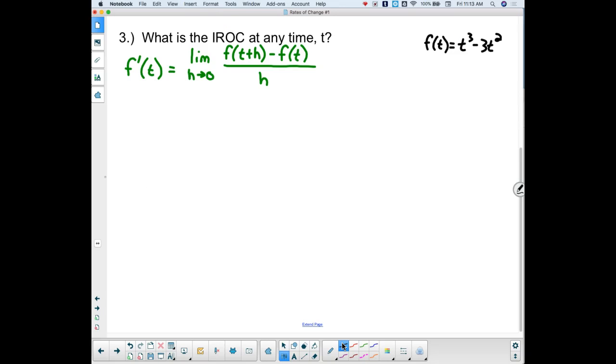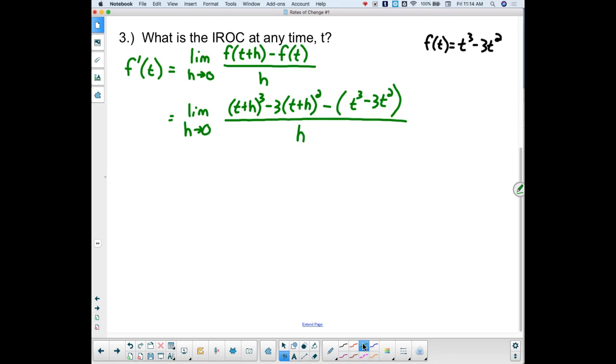All right. So that's going to be the limit as h approaches 0 of t plus h quantity cubed minus 3 times t plus h quantity squared minus t cubed minus 3t squared, all over h.